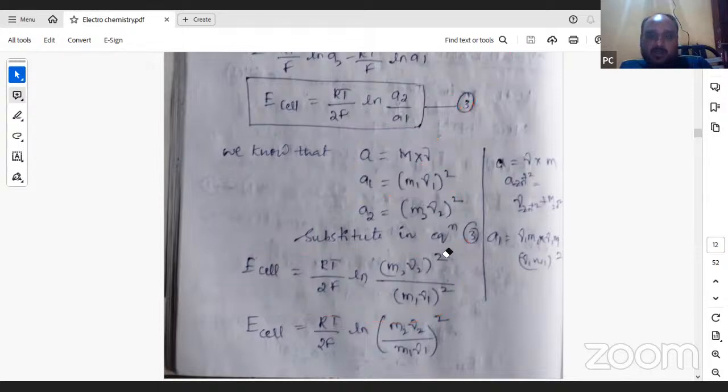So this whole square will be there. These two squares can be written as the square of this part, that is (m2 gamma 2 by m1 gamma 1).